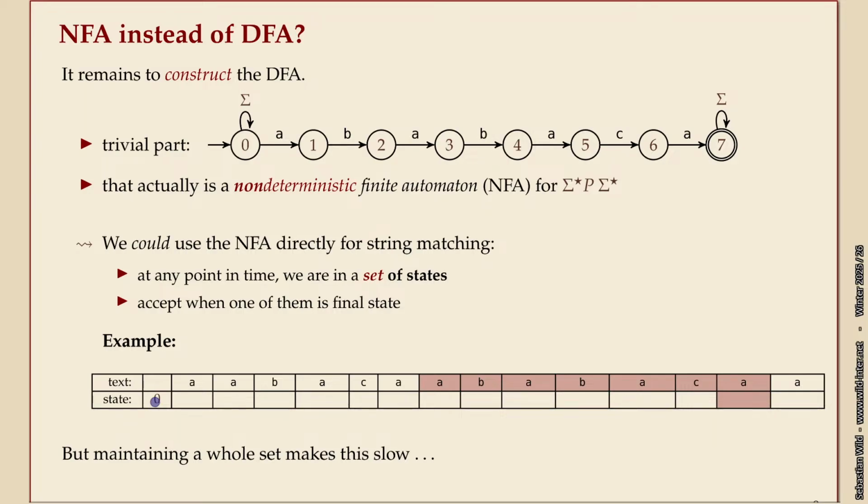Initially, I can only be in state 0 because that's the starting state. But I can read an A now in two ways. I could either go to state 1 if I guess that's the beginning of the pattern, or I could stay in state 0 if that is not the beginning. So after reading this A, I'm in two states at the same time. And there's nothing wrong with that.